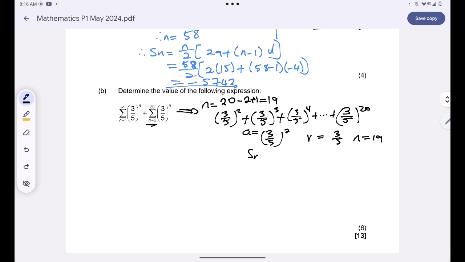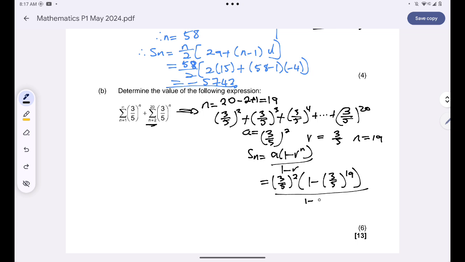So Sn is equal to a(1 minus r to the n) over 1 minus r, right? The value of a is simply (3 over 5) squared, then 1 minus (3 over 5) to the power 19, all over 1 minus 3 over 5.